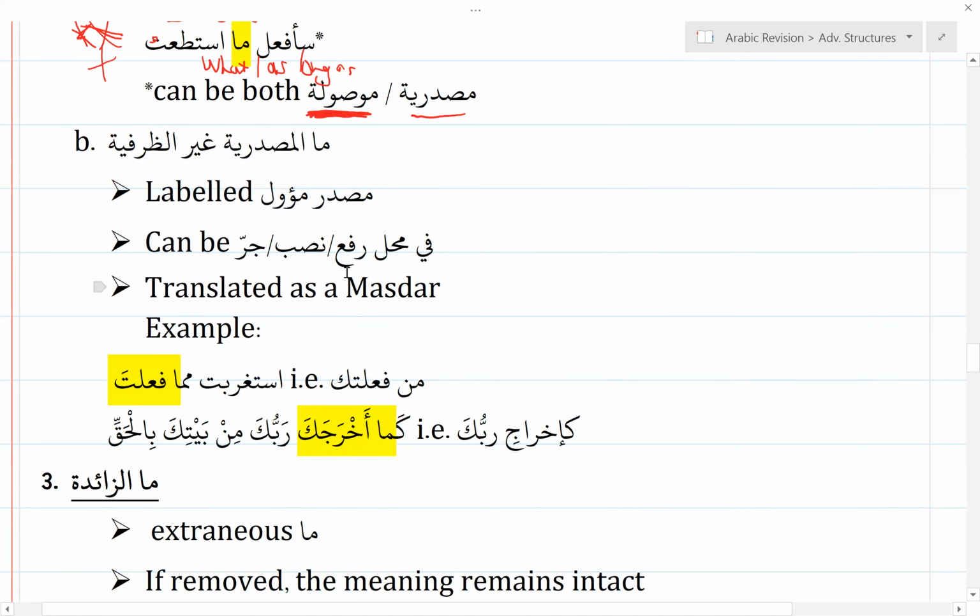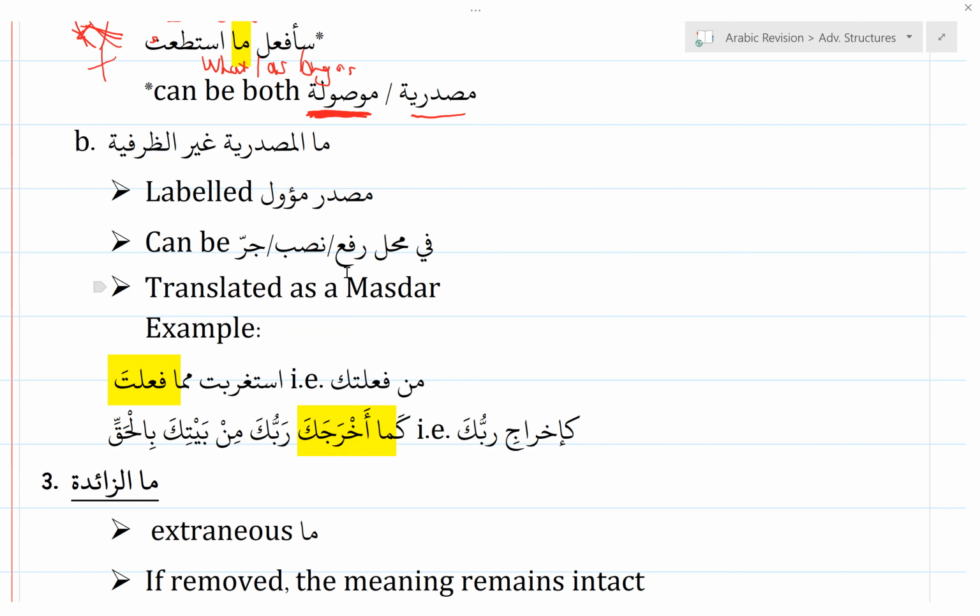So it's still a masdar mu'awwal. Now this one is not restricted to dharf, so it's not restricted to fi mahalli nasab, because it's not a dharf. It can be fi mahalli rafa, fi mahalli nasab, fi mahalli jar, depending on what role that masdar together is doing in the sentence. So you will classify it.